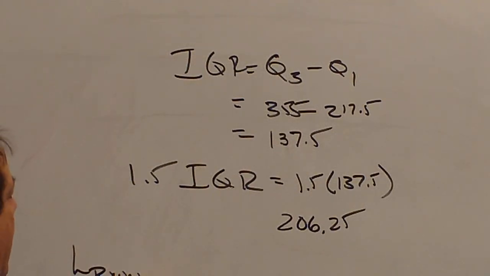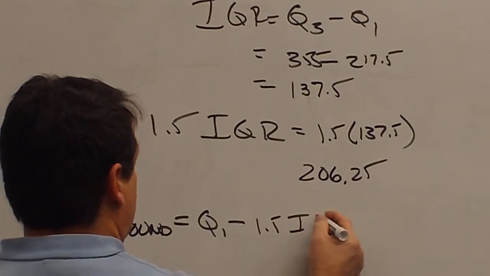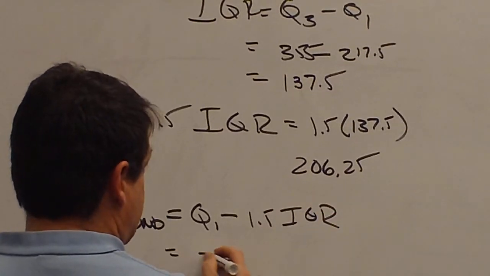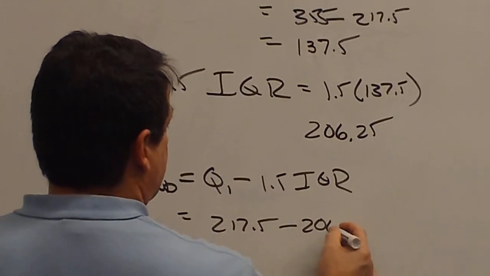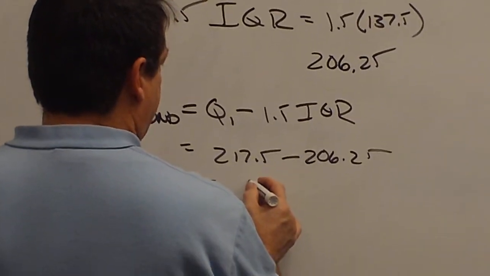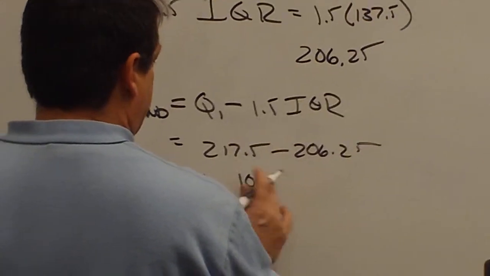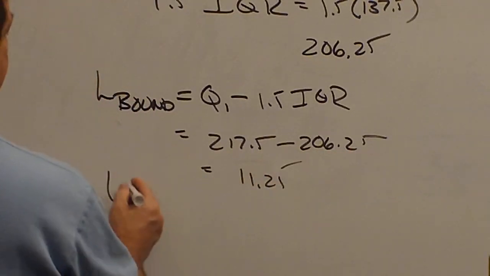Lower bound on outliers, simply Q1 minus 150% of the IQR, which in this case is 217.5 minus 206.25. When I subtract that, I get 11.25. All right? Now I have to do my upper bound.